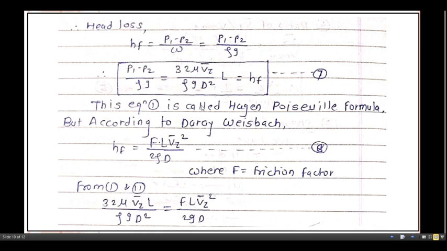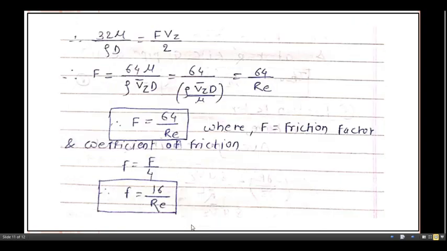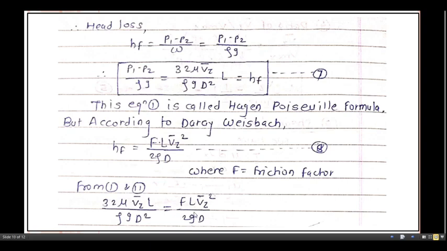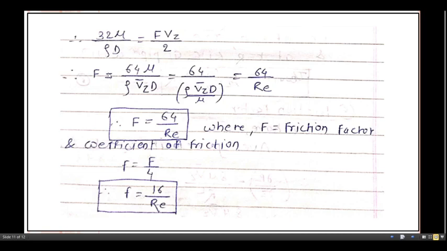If I equate both terms, we get 32 mu Vz bar L divided by rho G into D square equals FL Vz bar square divided by rho G into D. Now see which terms get cancelled: G gets cancelled, then one D gets cancelled, and L gets cancelled. The remaining terms are written in this way.